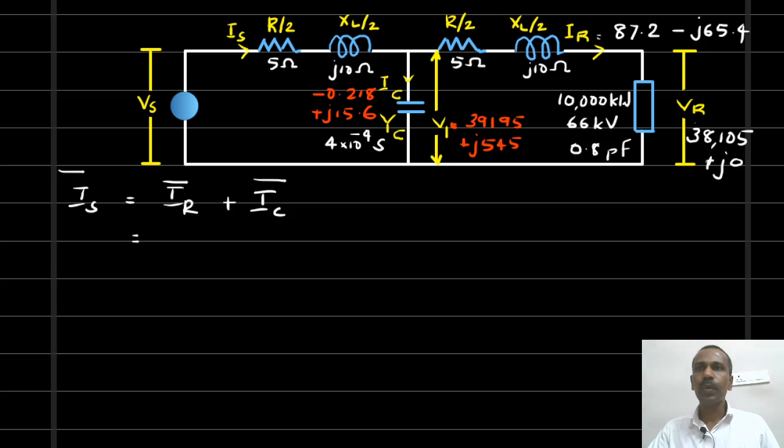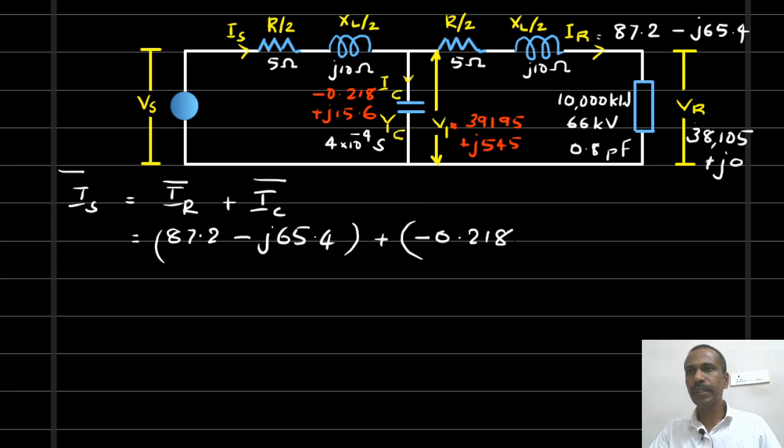Our IR is equal to 87.2 minus J65.4 plus the current through the capacitor IC, which is minus 0.218 plus J15.6. So this is equal to 87 minus J49.8.